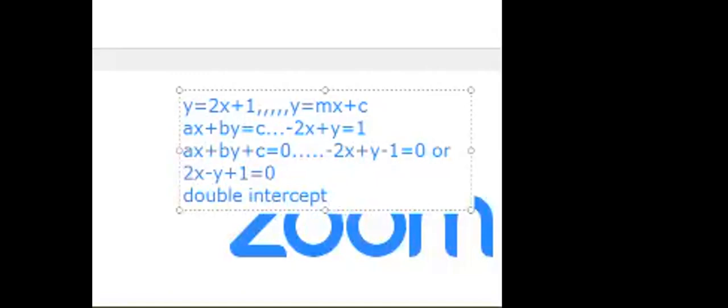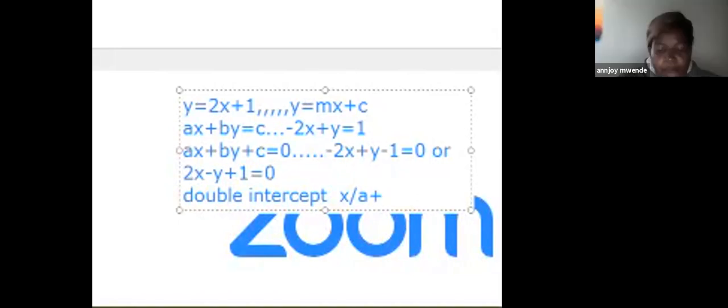We start with x divided by a plus y divided by b is equal to 1. That is double intercept. So how do we write our equation as double intercept?